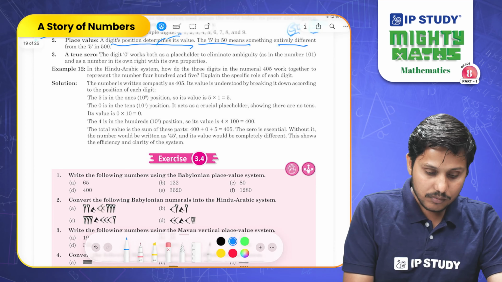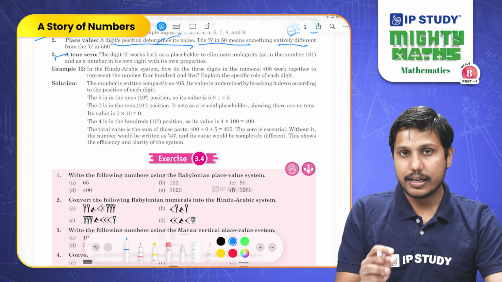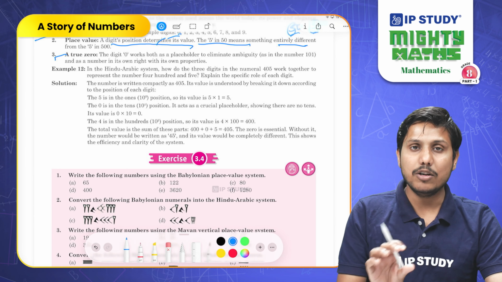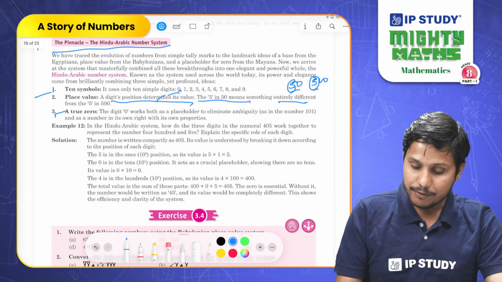Now, like in the Mayan number system we have a shell to represent 0, here we have this symbol 0, which we already discussed: initially in the Bakhshali manuscript we used a dot to represent the same empty space. Now an example: in the Hindu Arabic system, how do the 3 digits in the numeral 405 work together to represent the number 405? We can break 405 into 400 plus 0 plus 5.